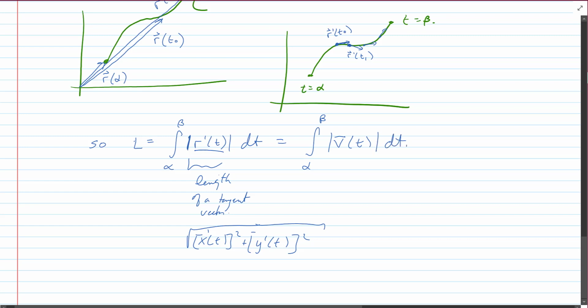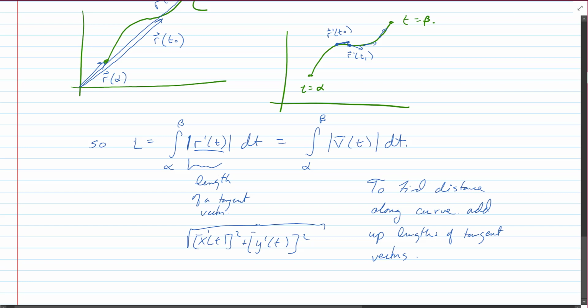And all of a sudden we have this new way of thinking about this. To find the distance along this curve, what are we going to do? We're going to add up the lengths of tangent vectors.